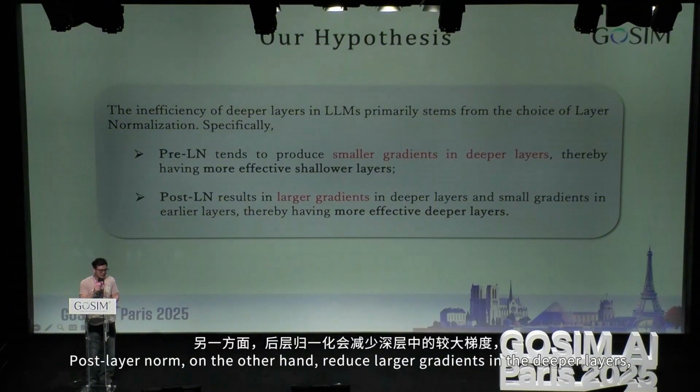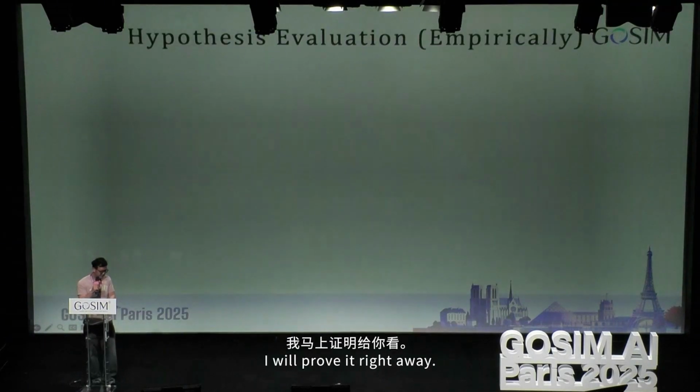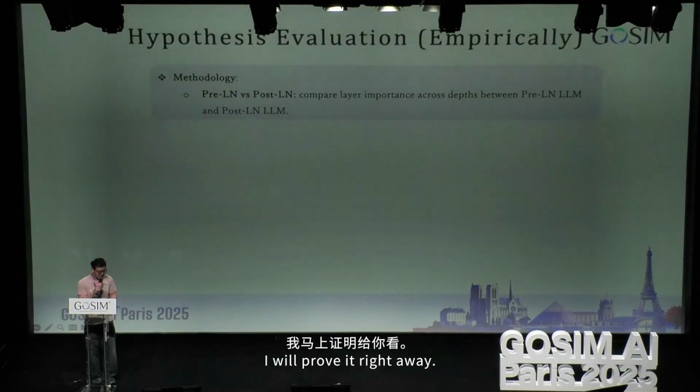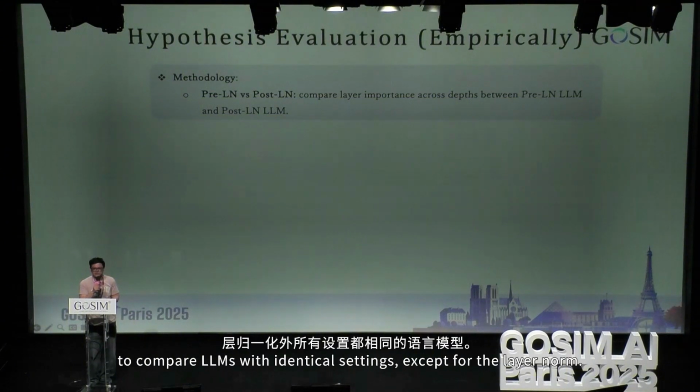Post-layer norm, on the other hand, produces larger gradients in the deeper layers, but also causes gradient vanishing in the shallow layers. I will prove it right away. So in order to evaluate this hypothesis, one method is just to compare LMs with identical settings except for the layer norm, right?